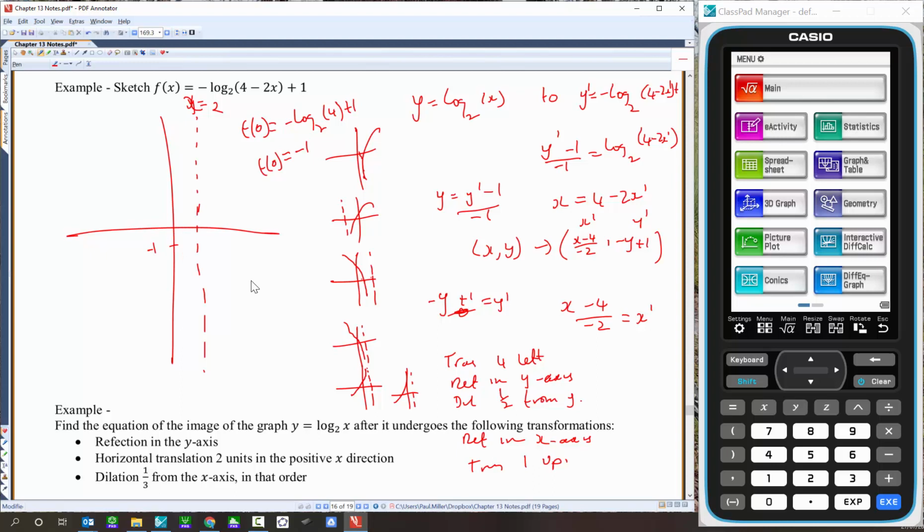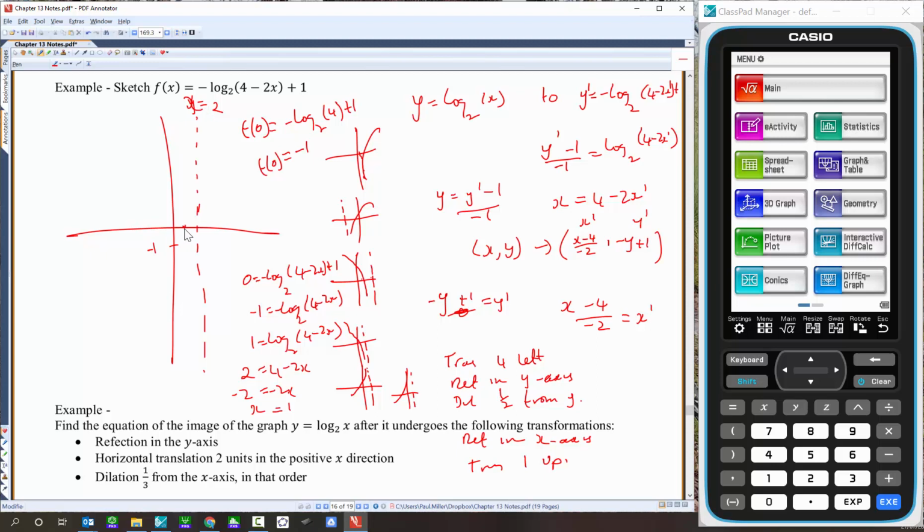So we'll go x-intercept, y is equal to 0. 0 equals negative log base 2 of (4 take 2x) plus 1. Negative 1 equals negative log base 2 of (4 take 2x). 1 equals log base 2 of (4 take 2x). 2 to the 1 is 2, equals 4 take 2x. Negative 2 equals negative 2x. x is equal to 1.